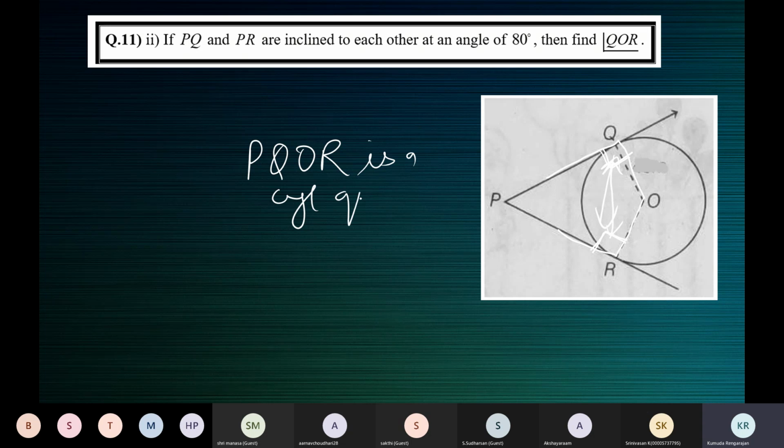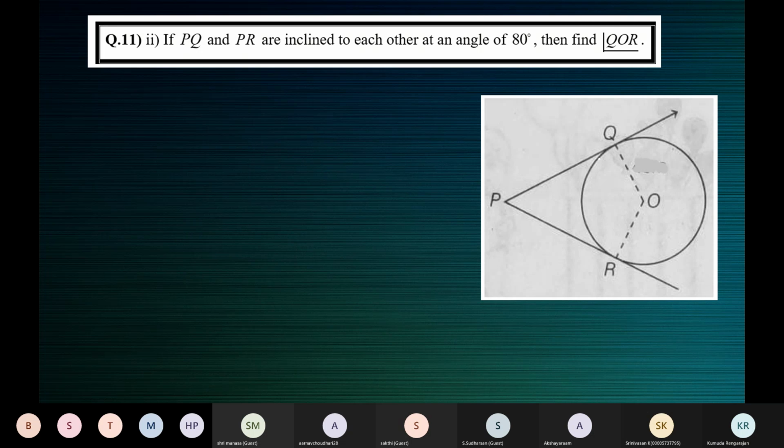So the other pair is also supplementary because 360 minus 180 is 180. If this one plus this one is 180, the remaining sum is 180 again. 90, 90, 180 gone. The remaining sum is 180.